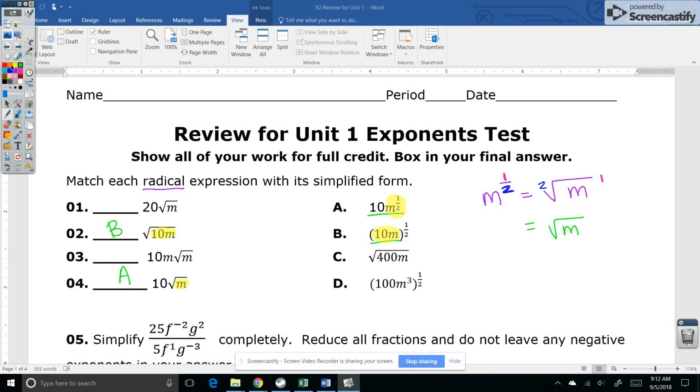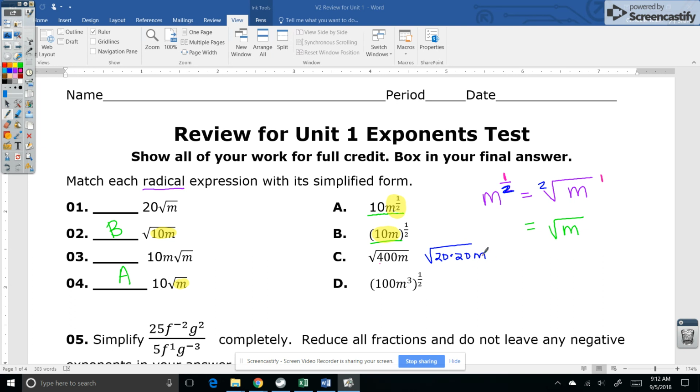Now C and D are quite different because there are different numbers under the radical or the rational exponent, and there's a little more going on in these ones. So what this is asking me is, what is the square root of 400m? 400 is actually 20 times 20, so the square root of 400 is 20.